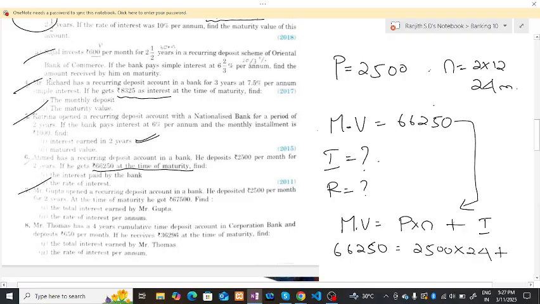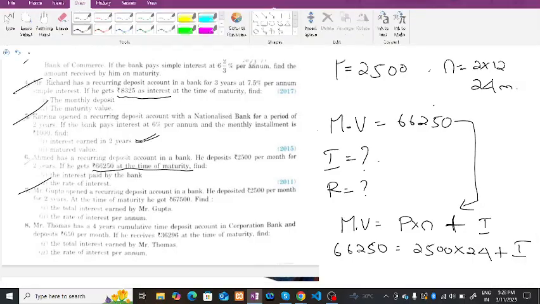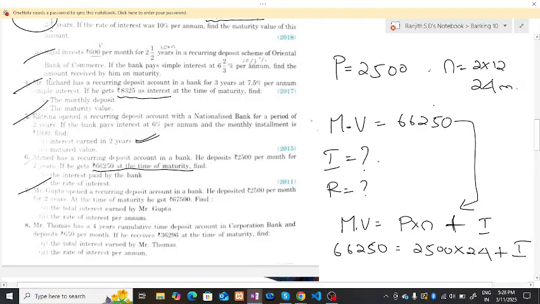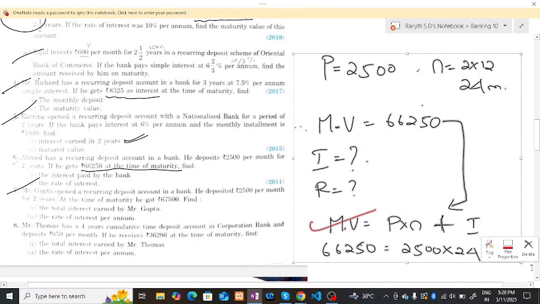Through this formula, we have to find I, interest. Once you find interest, use the interest formula. That's it. Only two formulas in this chapter. It's an easy chapter. So using the maturity value formula, you find interest. Use the interest formula, you'll get rate. Complete this.